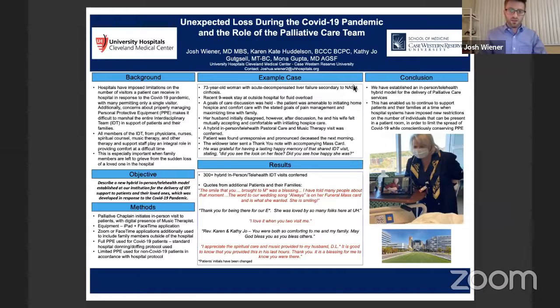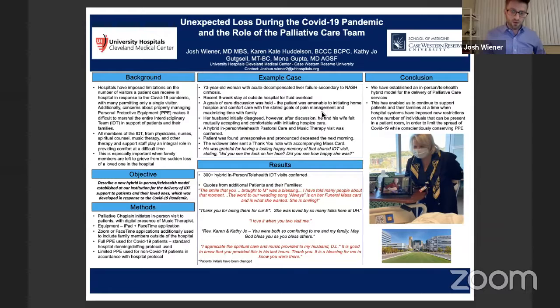This has enabled the IDT team to continue to work while reducing the exposure of the team members while also conserving PPE. The importance of doing this is exemplified in this example case here, which is one of over 300 combination visits that has been performed by members of the team.